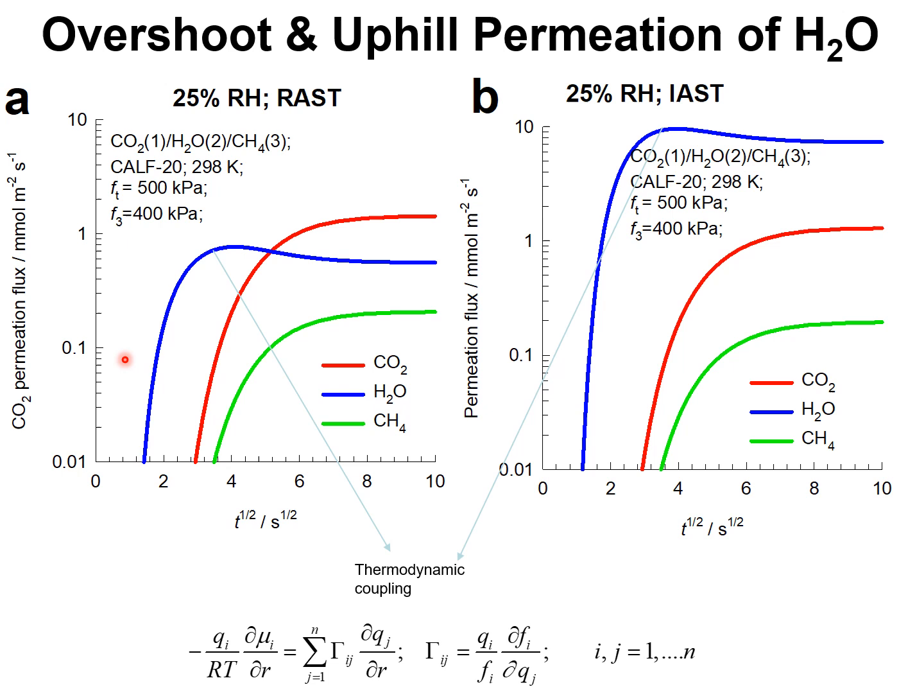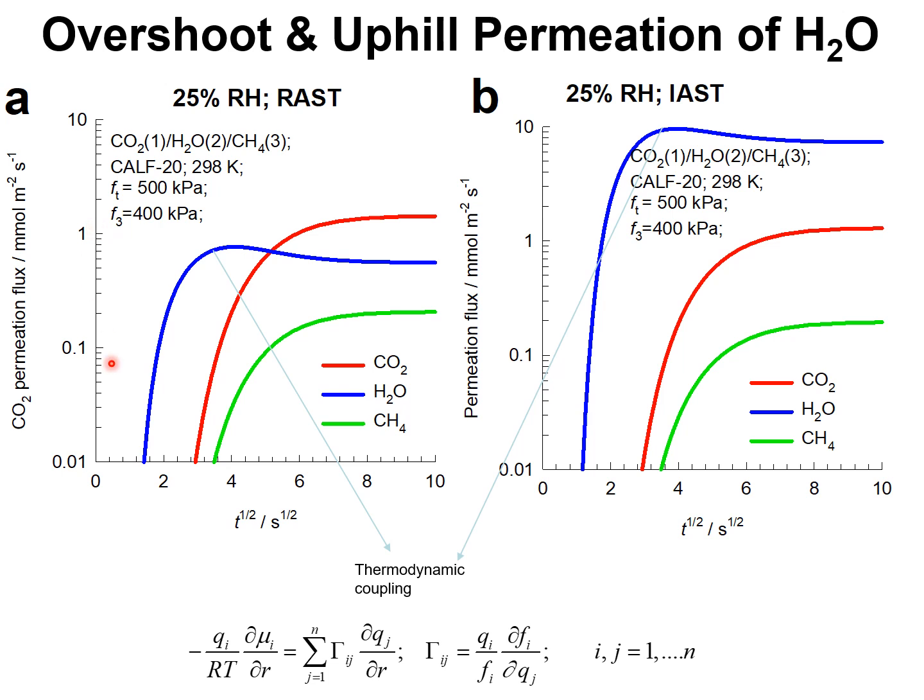I simulate results for water content that corresponds to 25% relative humidity. This specifies the partial fugacities of CO2 and water vapor in the upstream compartment. The permeation fluxes as a function of square root of time are plotted here. Red shows CO2, blue is for water, and green is for methane.